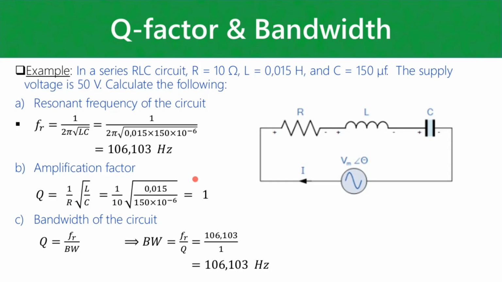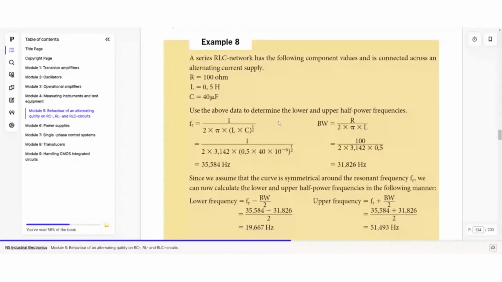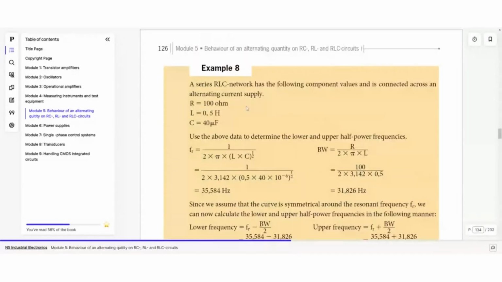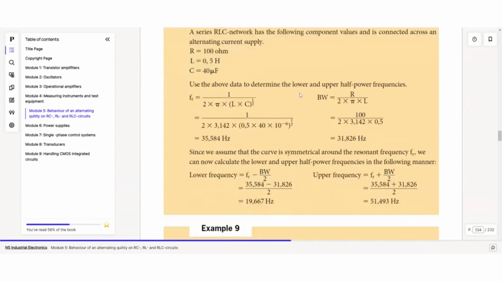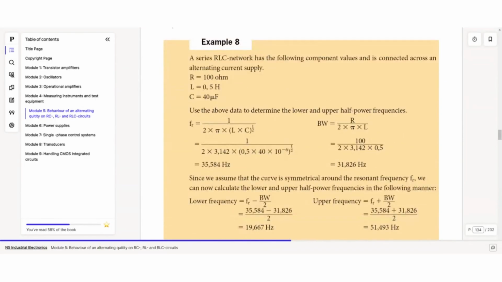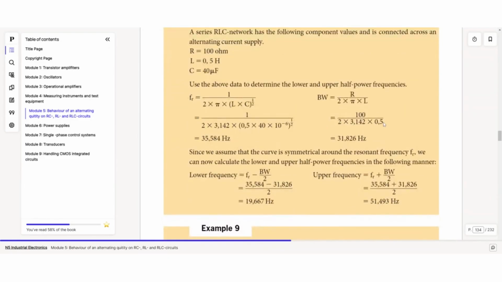So let me just quickly share my screen to the textbook, and then you guys can see what it actually looks like. So example 8 on page 134, according to Perlego, or 126 according to the hard copy of the textbook. So you guys will see there, this one works out a little bit better. So there's your bandwidth.